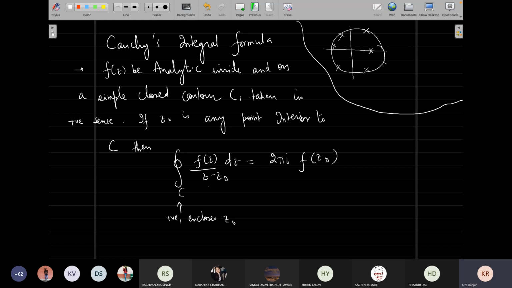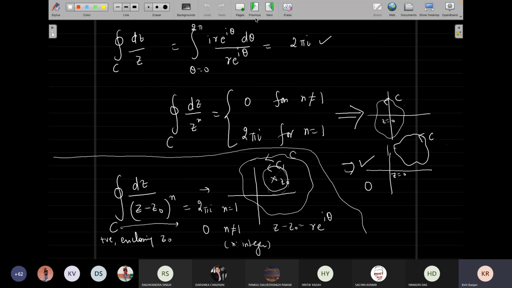So what have we done from the previous example? Look at this: dz over z minus z naught, with n equal to 1. The result turned out to be 2 pi i. But it did not take care of any other integral where there is another f(z) which is analytic everywhere.